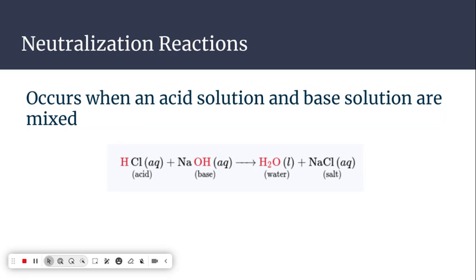A neutralization will always form water plus a salt, and a salt is when your cation comes from the base and your anion comes from the acid. So here our sodium comes from the base, sodium hydroxide, and the chlorine comes from the acid. And this is a very common formula to follow for neutralization reactions.